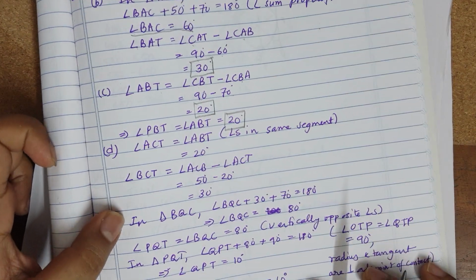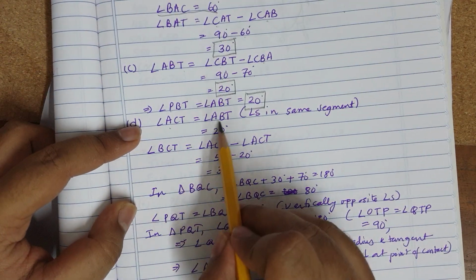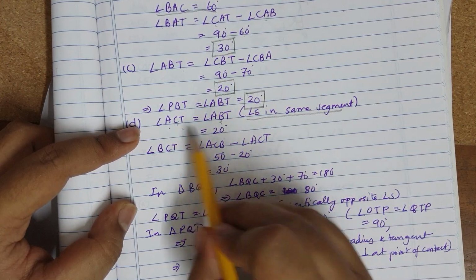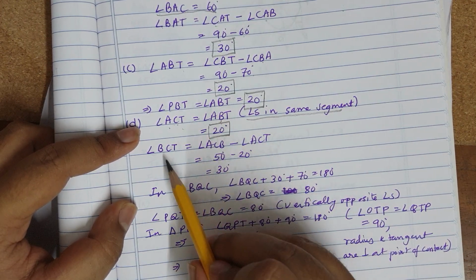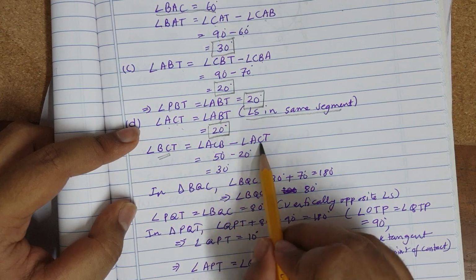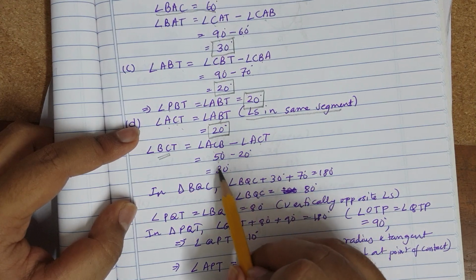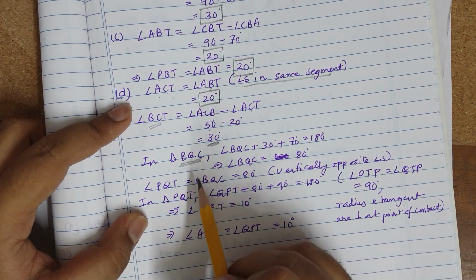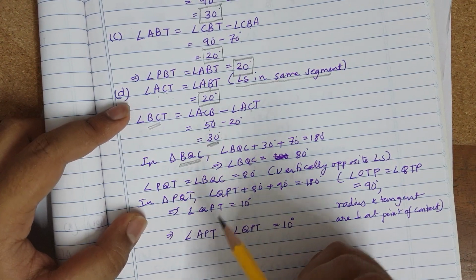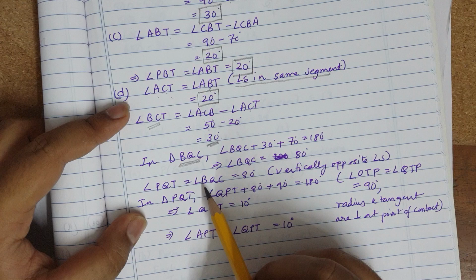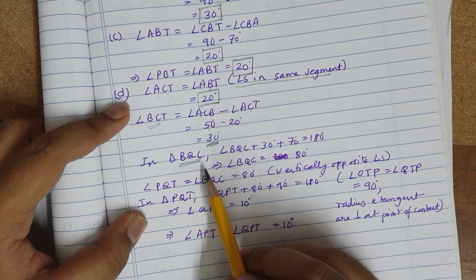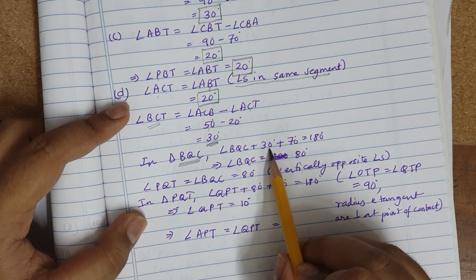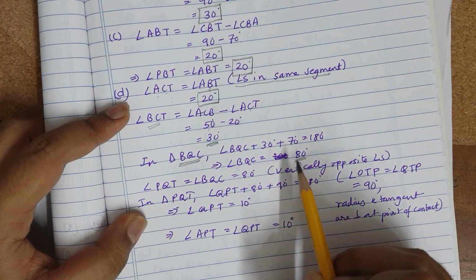Then for the last part, ACT and ABT were equal angles because they are angles in the same segment. So ACT is 20 degree. BCT is ACB minus ACT, 50 minus 20, 30 degree. Then in triangle BQC, I have labeled one point myself in the figure as Q. So according to that, angle BQC will be 180 minus 30 minus 70, which is 80.